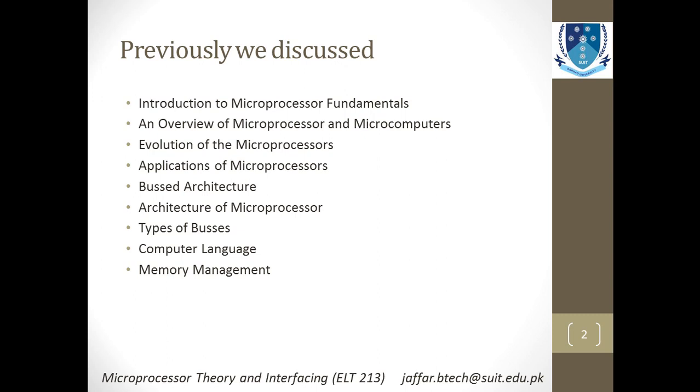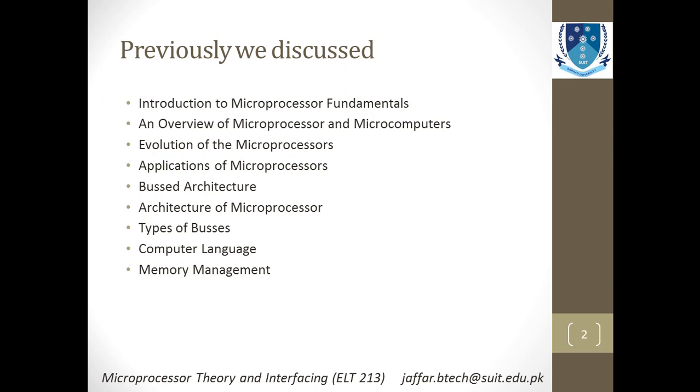Then we looked at different applications of microprocessors, how they are used in different applications and fields of life. Then we learned about bus architecture, and how it can achieve good and efficient performance for the microprocessor.